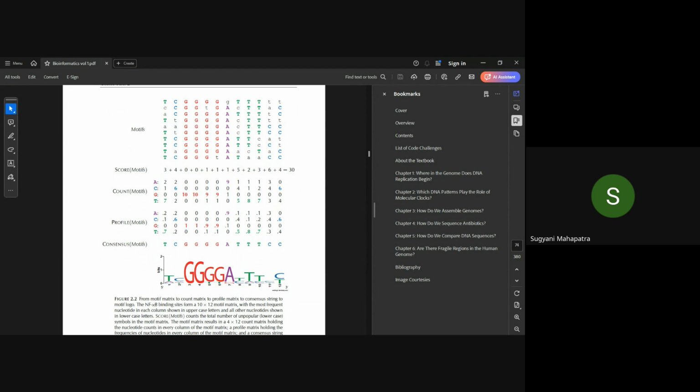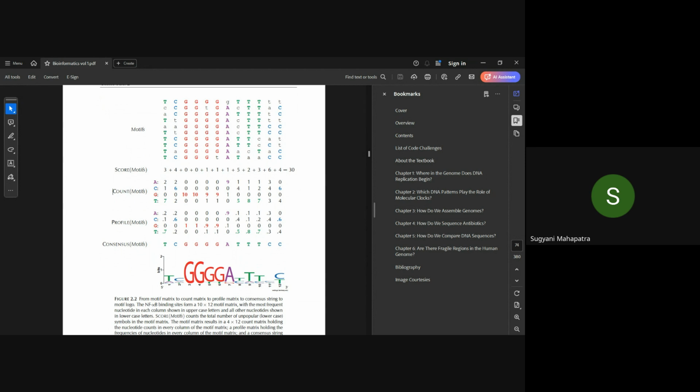Given this set of motifs, we have t motifs, each of length n. So we compute the score. Before computing score, I personally prefer computing the count of motifs. What is the count of motifs? For each of the four nucleotides A, C, G, T at a particular position, it is the number of motifs containing that nucleotide.